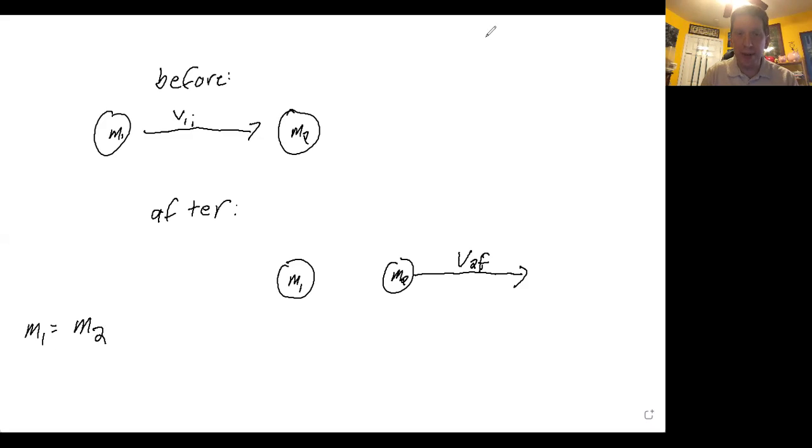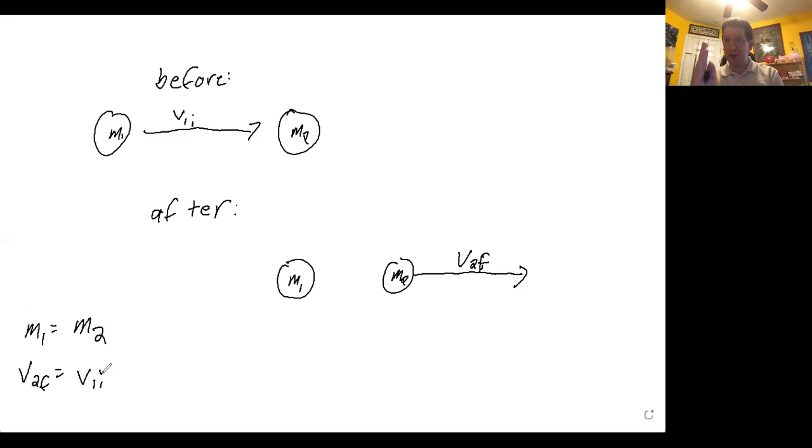And we are also given, looking back at the problem, that the other moves with the same speed as the other originally had. Well, that's a bit complicated. Basically, m2 moves with the same speed that m1 initially had. So v2f is equal to v1i.